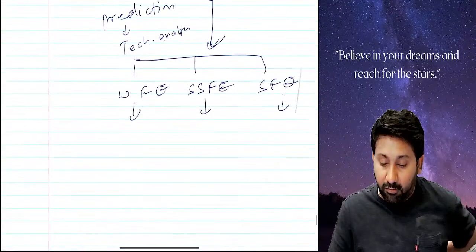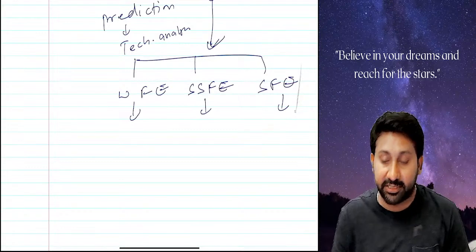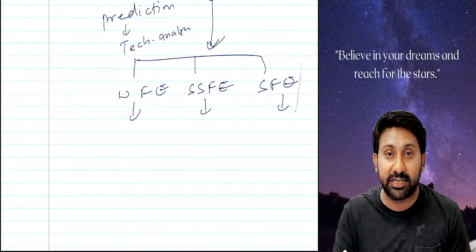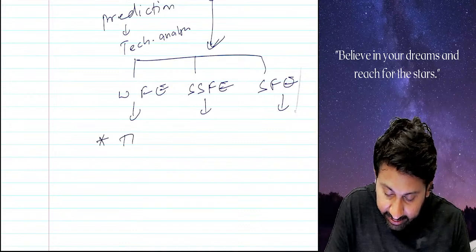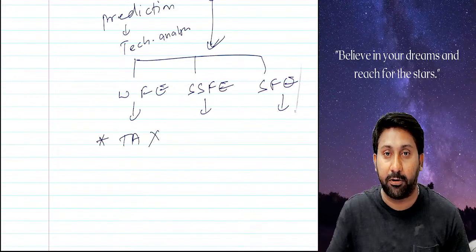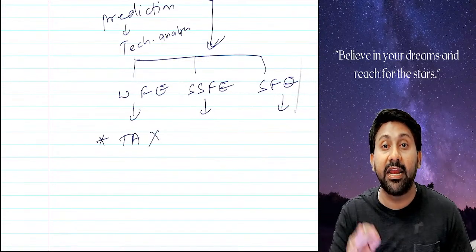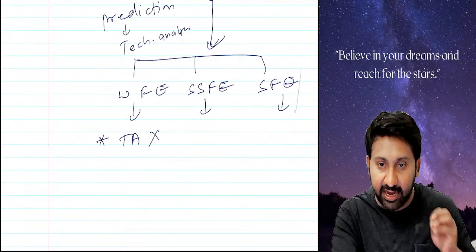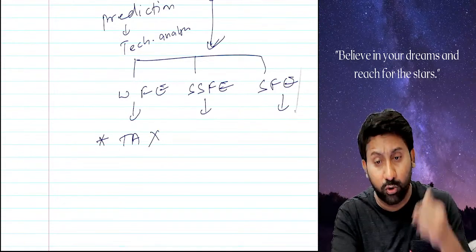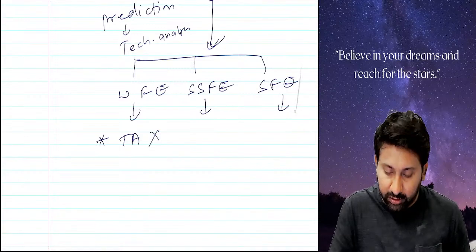Okay, what do you mean by a weak form of efficiency? Weak form of efficiency is such a market where it is efficient. Means what? Technical analysis will not help you. Technical analysis will not help you to do anything. What you have to do? That's why. See here.